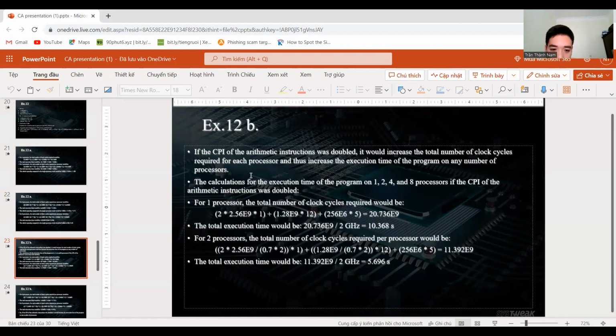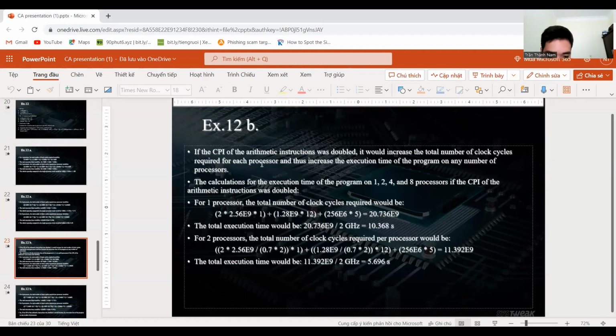If the CPI of the arithmetic instruction was doubled, it would increase the total number of clock cycles required for each processor and increase the execution time of the program on any number of processors. So for one processor, the total number of clock cycles would be 20.736 multiplied by 10 to the power of 9. The total execution time would be 10.368 seconds.